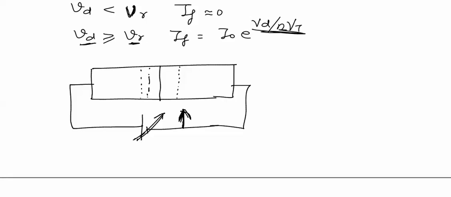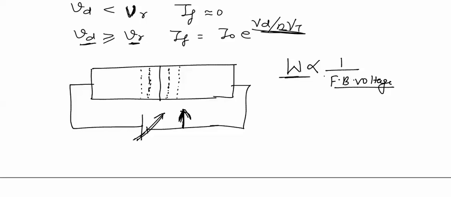This means the depletion layer width of a forward biased PN junction is less than that of an unbiased PN junction. So we can say that the depletion layer width W is inversely related to the forward bias voltage. We don't have an exact equation, but the depletion layer width decreases with forward bias voltage.